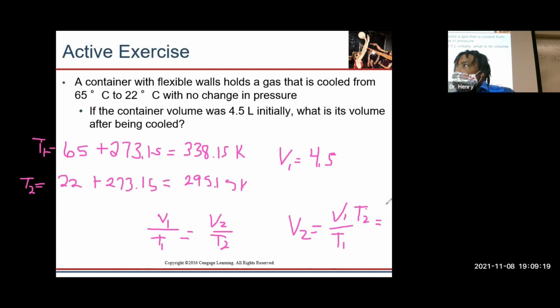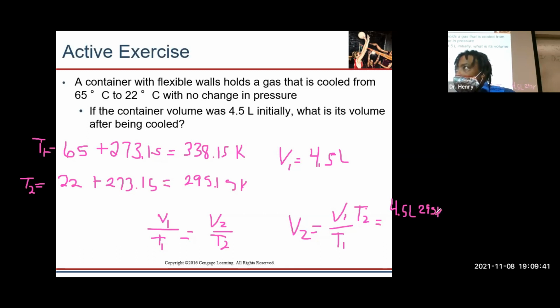So our V1, oops, let me put the units, 4.5 liters times our T2, 295 Kelvin.